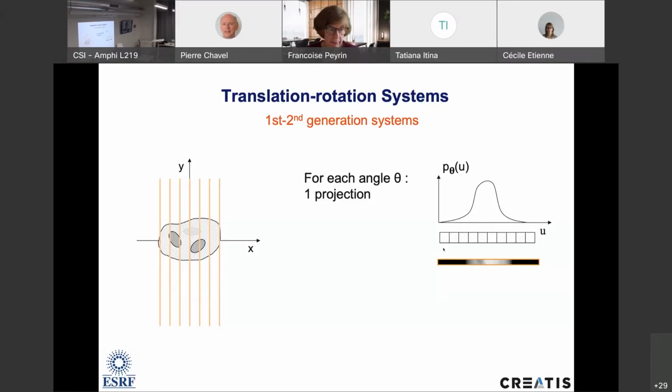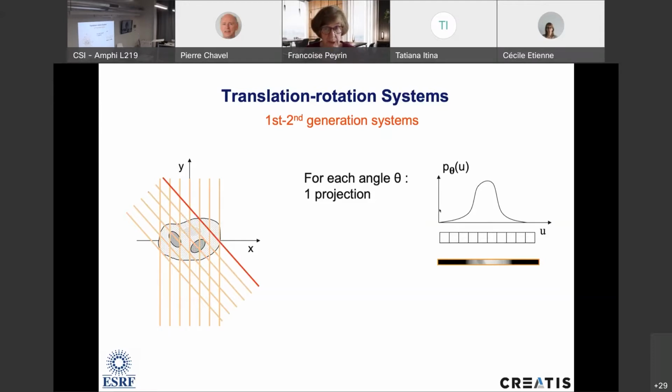When you have scanned the patient with different lines, as shown in this example, you get a line of measurement which is known as one projection. And then you redo the experiment in another direction. So you do a rotation, you do a series of translations.